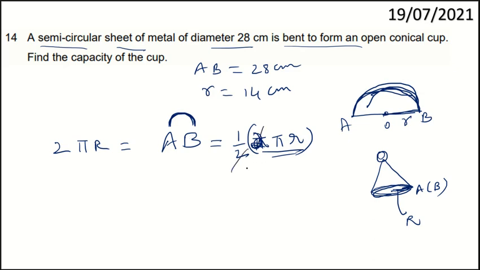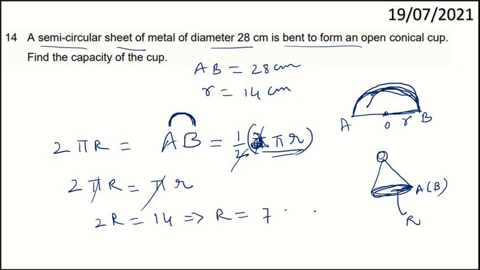So this 2 cancels. So, 2 pi capital R equals pi small r, again pi cancels. So, 2 capital R equals small r, which is 14. It implies capital R equals 7 centimeters.